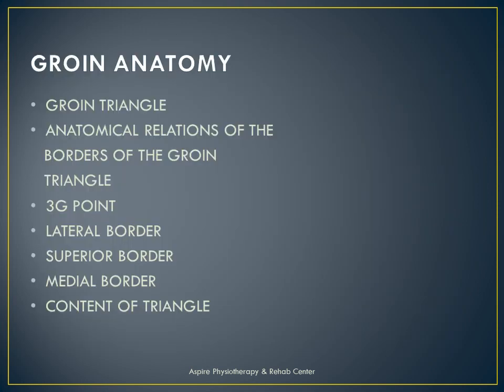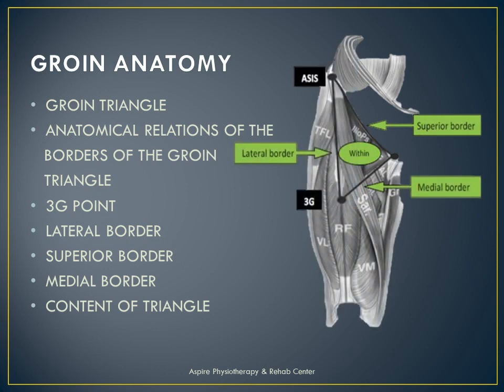Now in the next slide we are going to dig in depth about the groin and a new concept which we call a groin triangle. They have introduced this in 2008. It is a new concept. I will request you all to go through that. You can get a lot of free full articles about it. Here we are just going to touch a few topics about it.